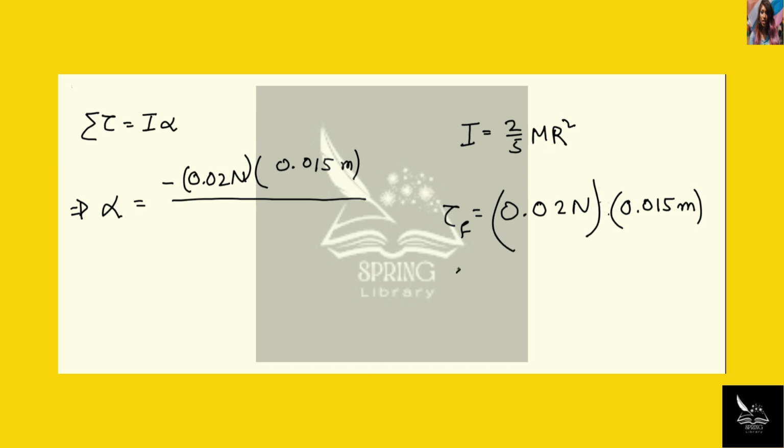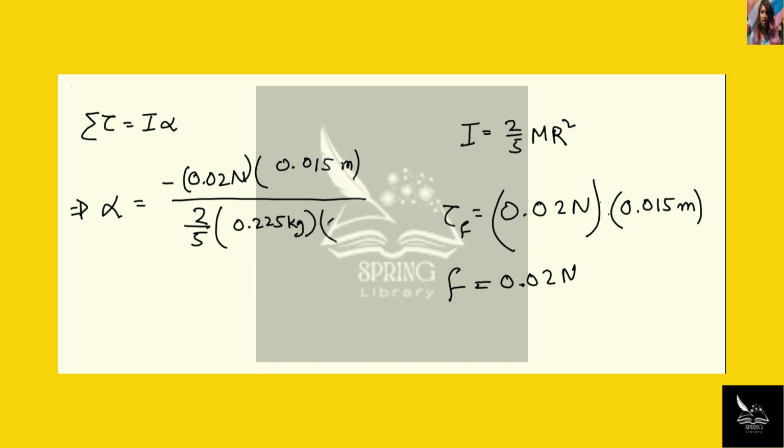So our frictional force is given as 0.02 newtons, and from there we get the torque as we multiply the radial vector. So that's the torque. Then for the moment of inertia, it's 2 over 5 times the mass, which is 0.225 kg.